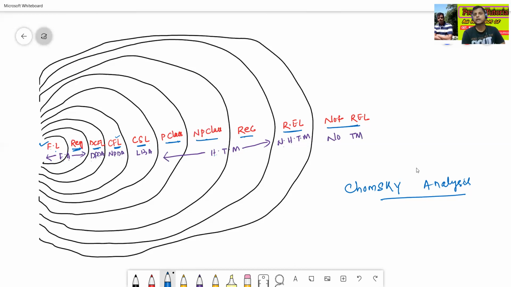NHTM, meaning non-halting Turing machine, is associated with recursive enumerable language. No Turing machine exists for not REL language. So this is all about the Chomsky analysis of all languages and all automata in theory of computation.